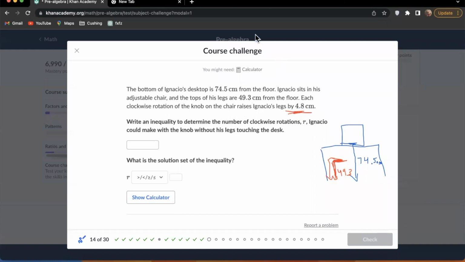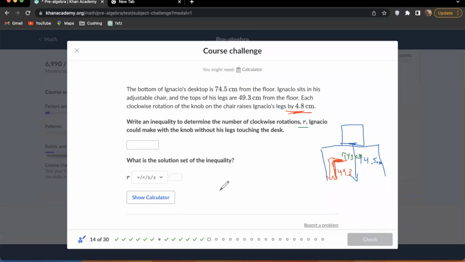So every time he turns the knob, it's going to bring him up 4.3 centimeters per twist. Write an inequality to determine the number of clockwise rotations Ignacio could make with the knob without his legs touching the desk. Oh my goodness.